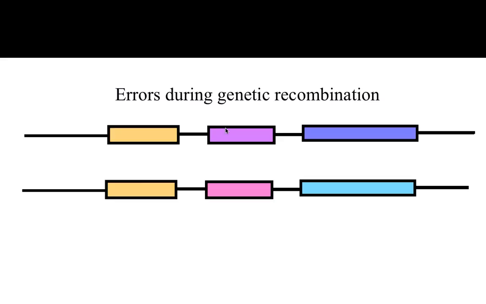Another way in which we can get errors or mutations is errors during recombination. What I've shown here is a diagram of essentially two chromosomes, such as they might be during meiosis, but the same thing can happen in prokaryotic cells when you have two sequences that are related to each other pairing. I've got three genes shown here, color-coded. In this one, they're the same alleles on both of them. This one's got a purple and a pink allele, and this one's got a blue and a cyan allele.